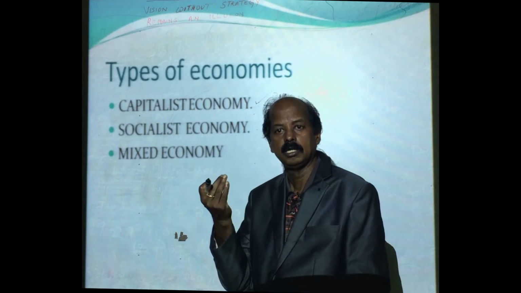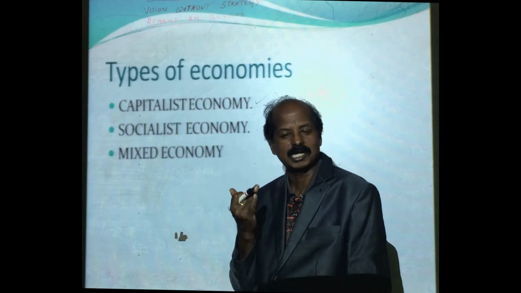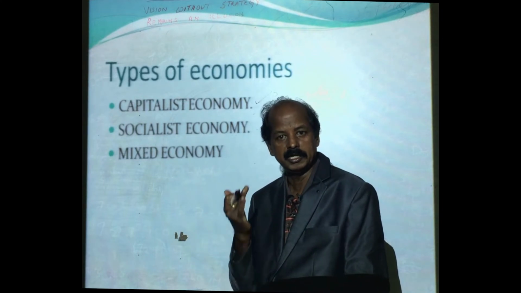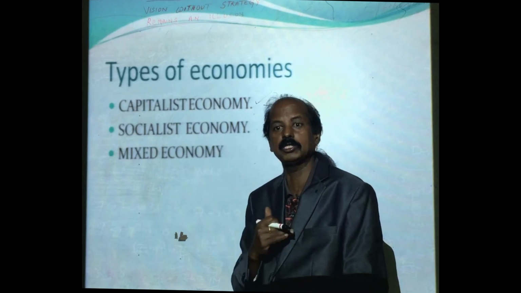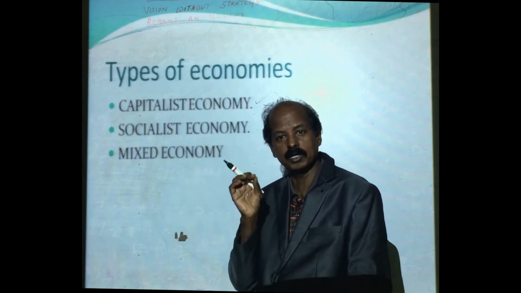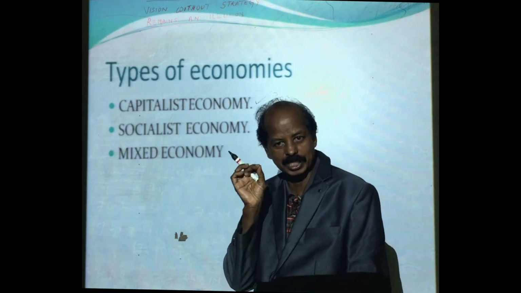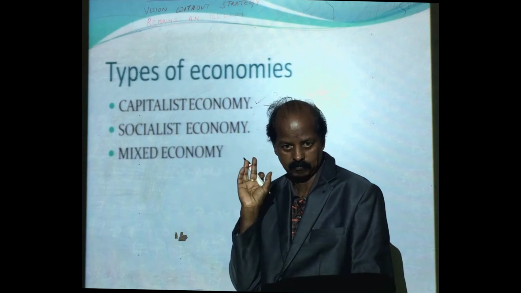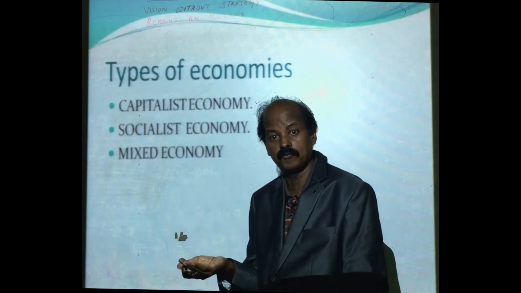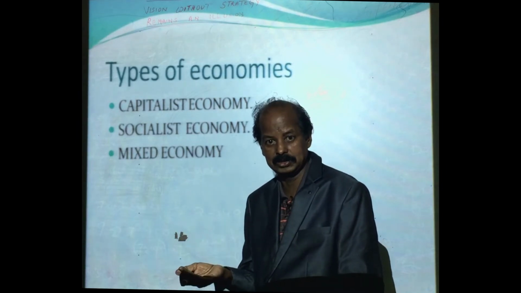There is rampant unemployment, poverty, glaring inequalities in distribution of income and wealth, and natural resources and means of production in the capitalist economy are used for selfish motive only, or to get maximum profits only. So many people were deprived of equal benefits, equal rights.